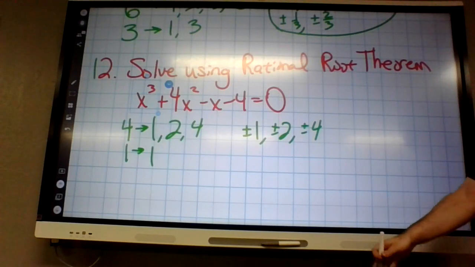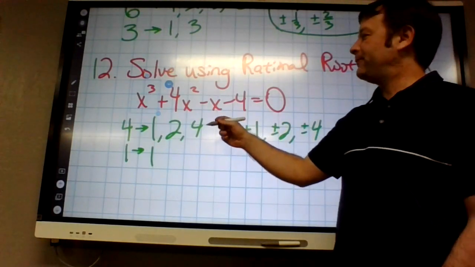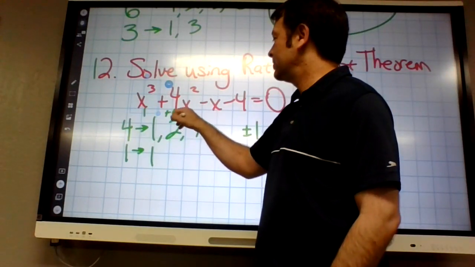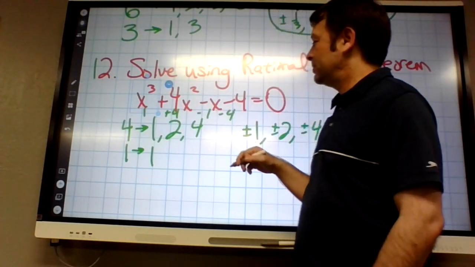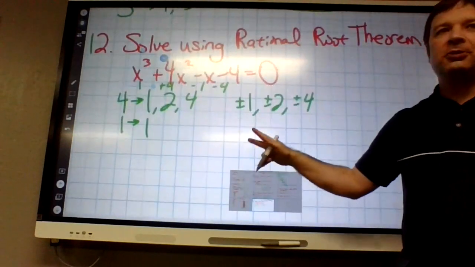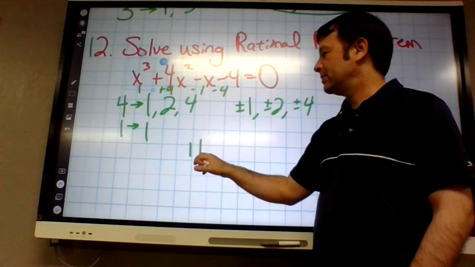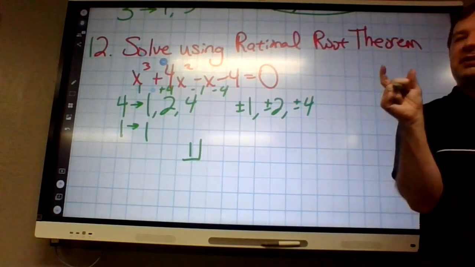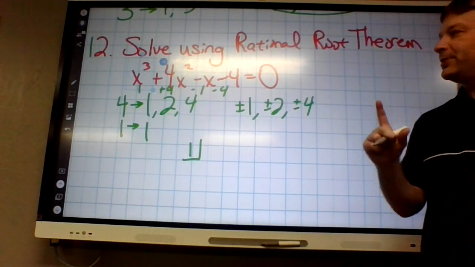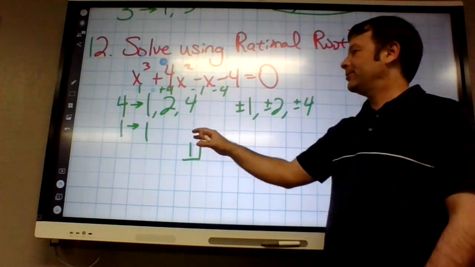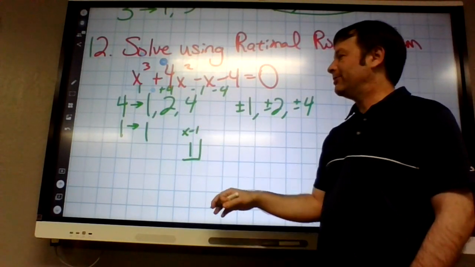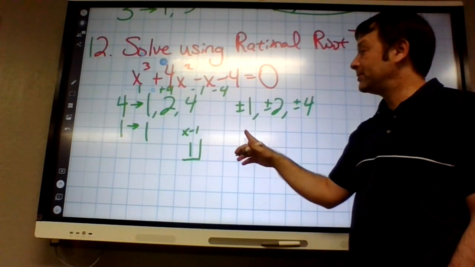Plug it in. If you plug in 1, that does equal 0. So what do we do after we figure out 1 is an answer? Basically synthetic division. It's kind of like we're dividing 1 out, even though really we're dividing x minus 1 out, but same difference.